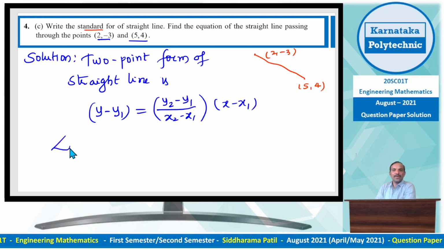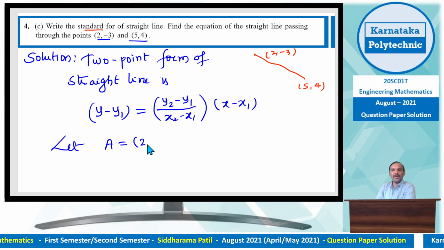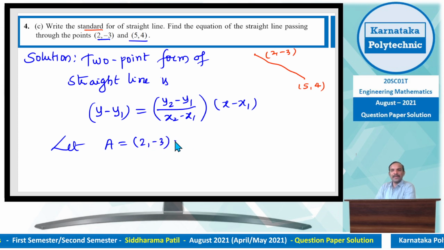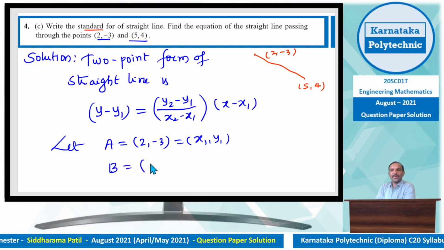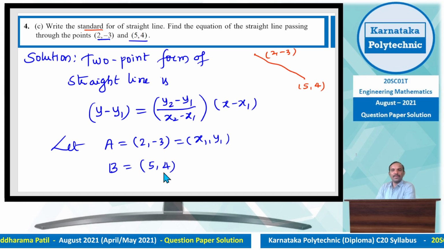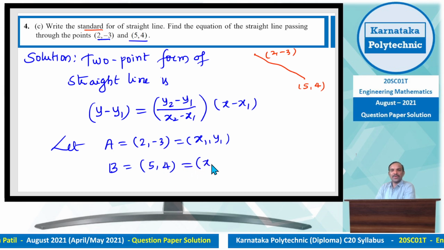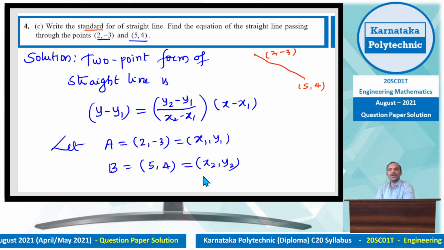Here given points are, let A equal to 2, -3, that is x1, y1. B equal to 5, 4, that is x2, y2. Now substitute values.